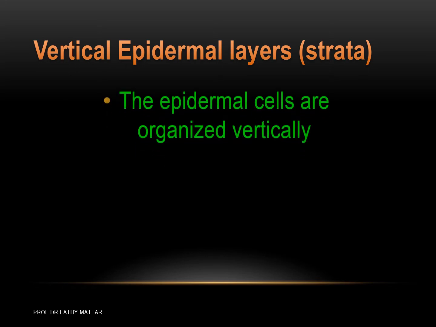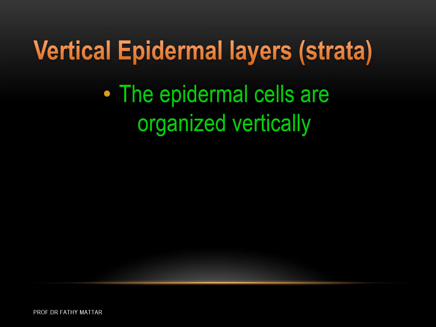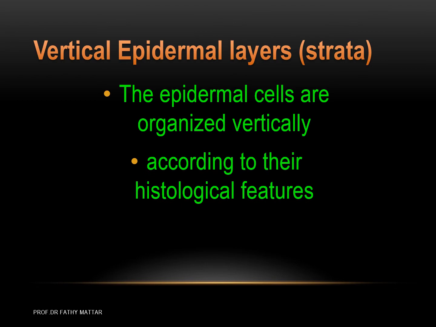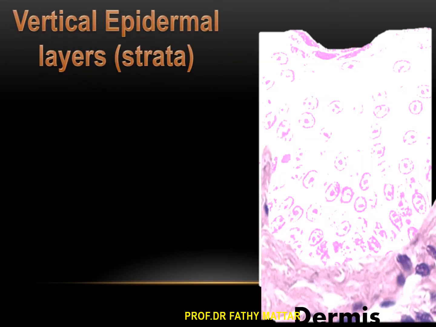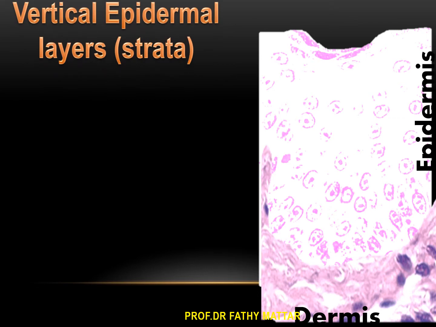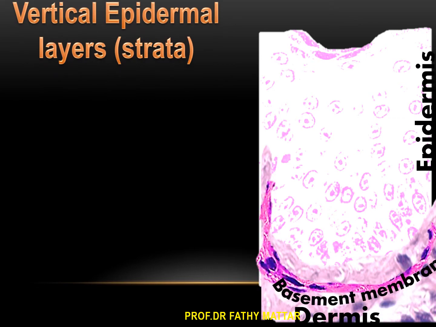The epidermal cells are organized vertically according to their histological features into 5 layers or strata. The dermis and epidermis are connected firmly together by the basement membrane.